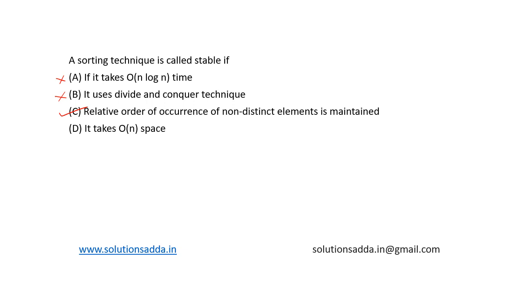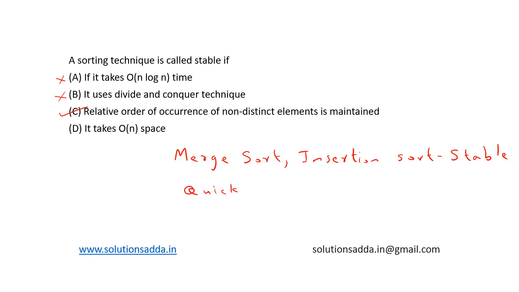Some sorting techniques which are stable include merge sort, insertion sort, etc., whereas quicksort and heap sort are examples of unstable sorting algorithms.